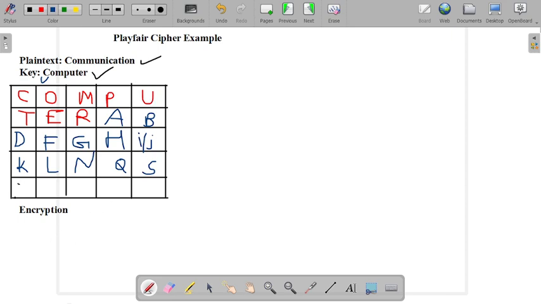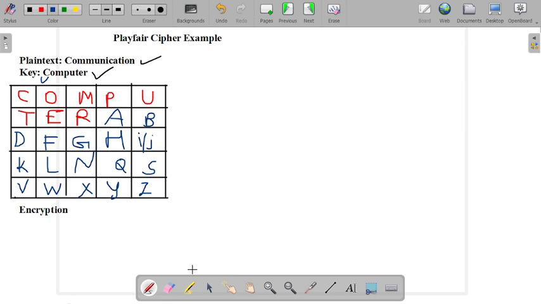Then we write V, W, X, Y and Z. Now we have covered all alphabets from A to Z in our 5 by 5 Playfair matrix.